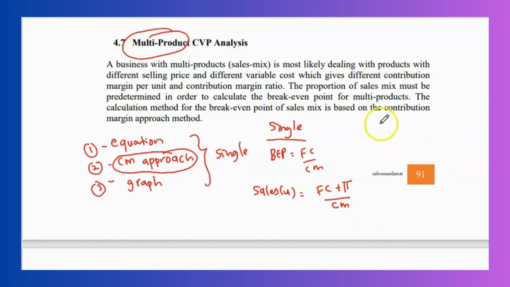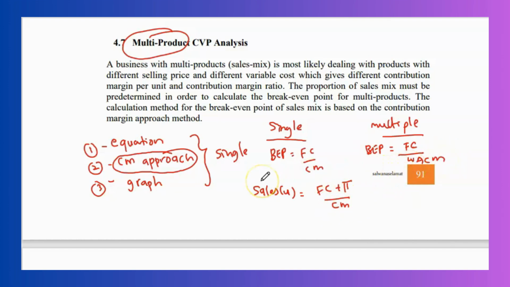However, for multiple products, we have to modify the formula a little bit. Instead of BEP equal to FC divided by CM, BEP is equal to FC divided by WACM. And when we want to calculate the sales for multiple products, we also have to divide by WACM. So how are we going to compute WACM?